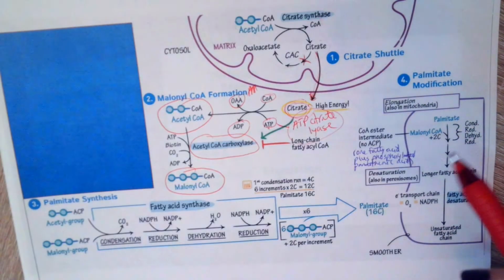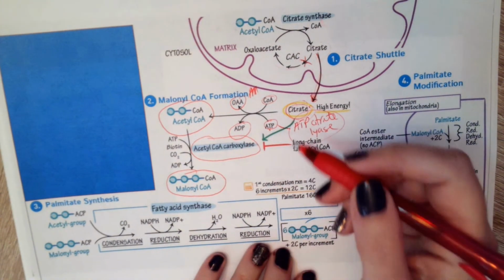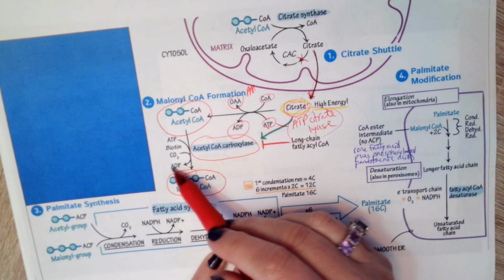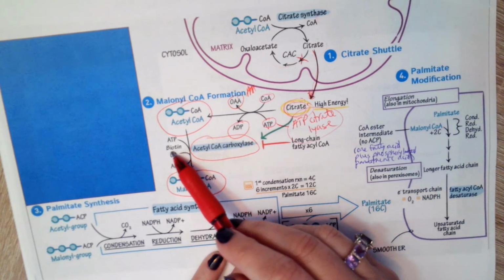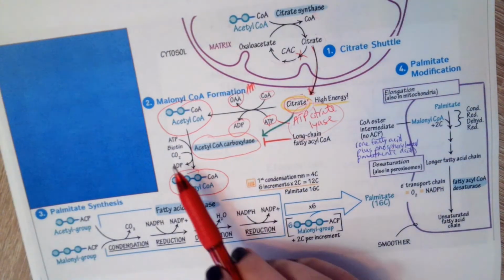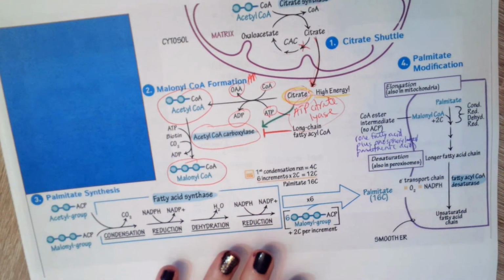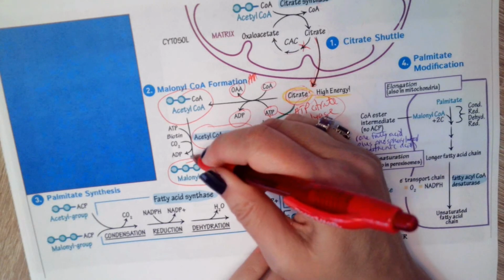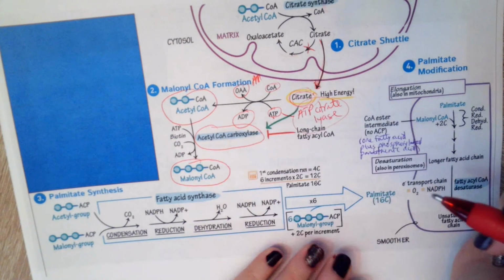Okay. Involved with that, ATP, so more ATP getting used, so we're going to have ADP coming off of that. Biotin, remember we said the biotin was a cofactor up here for this particular enzyme, and carbon dioxide. So we're just looking for oxygens and carbons. Here they are. They are going to become incorporated into our malonyl-CoA.